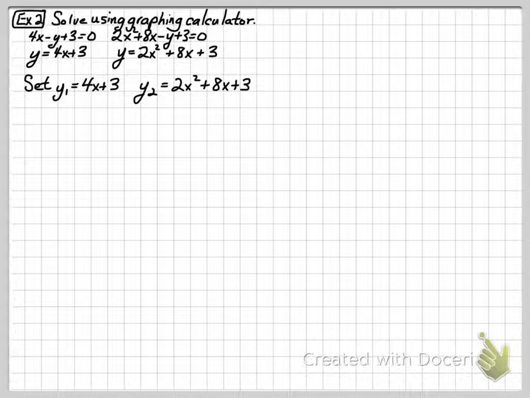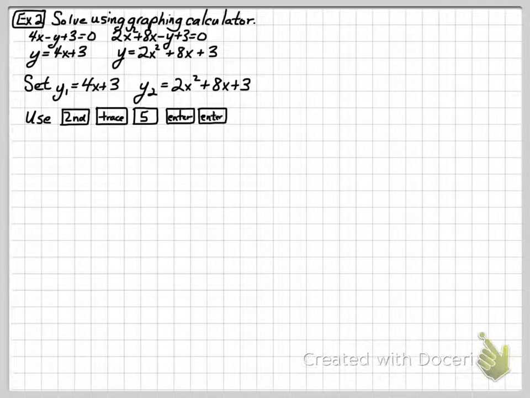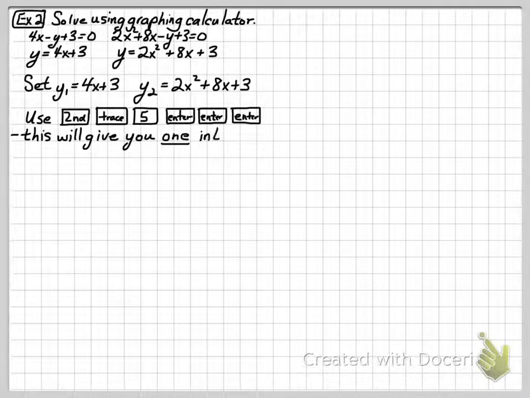We can set y1 to equal our first equation, y2 to equal our second equation, enter those in our calculators, and use second, trace 5, and then enter, and this will give you one of your intersection points.